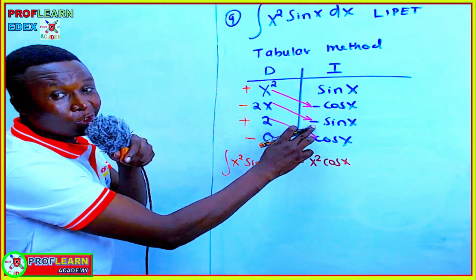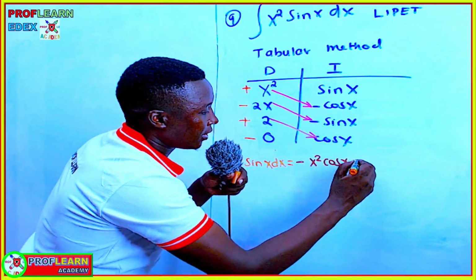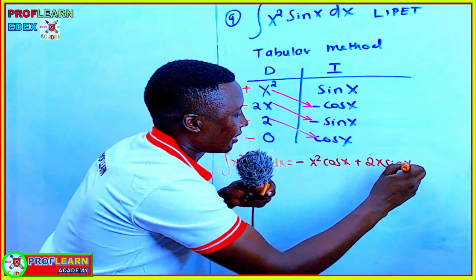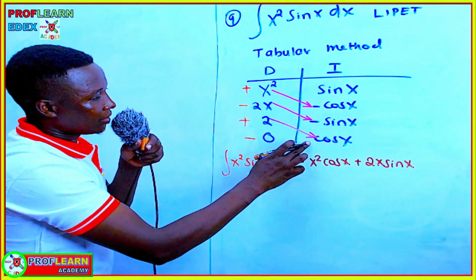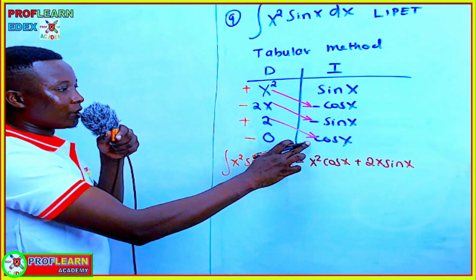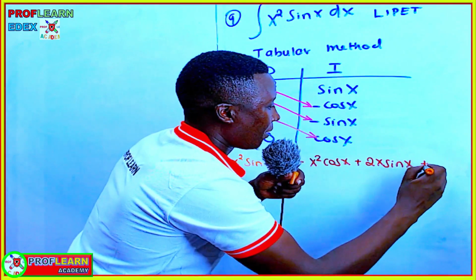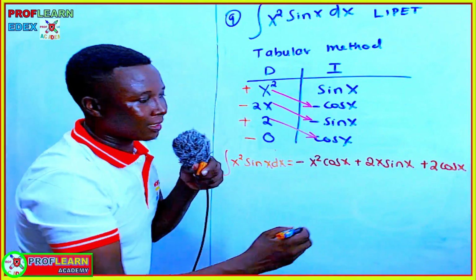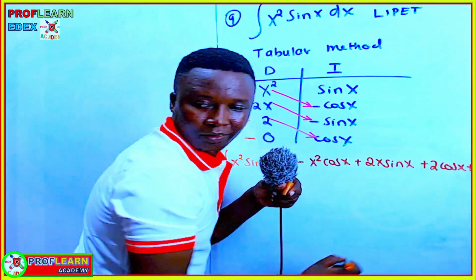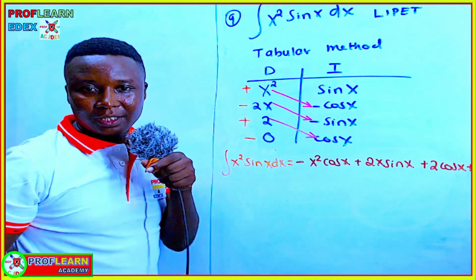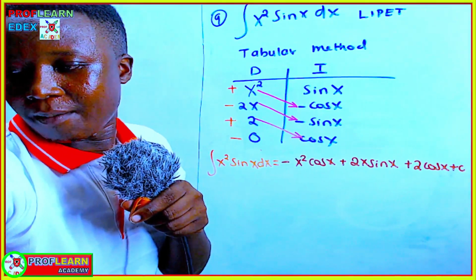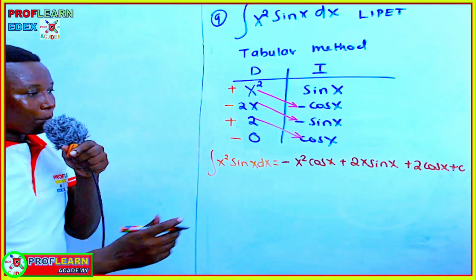This times this is going to be positive, so we're going to say plus 2x sine x. This times this is also going to be a positive value, so this is going to be plus 2 cos x, like that. And then we shall now say plus the constant that we are talking about at this given point, plus this constant.